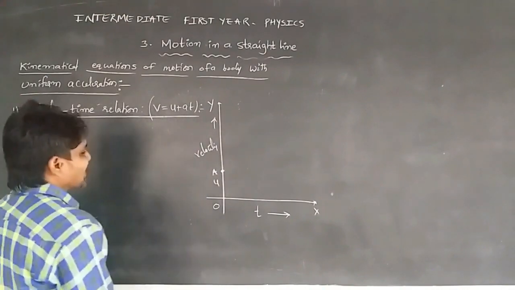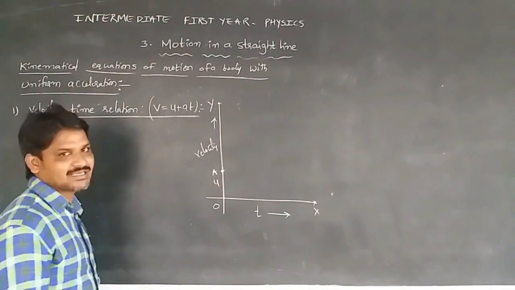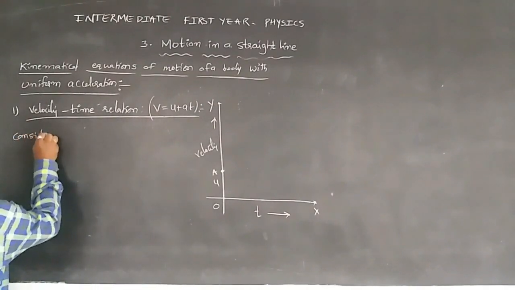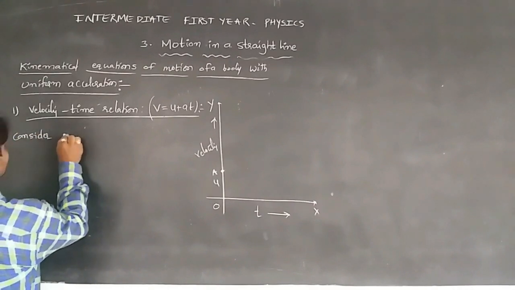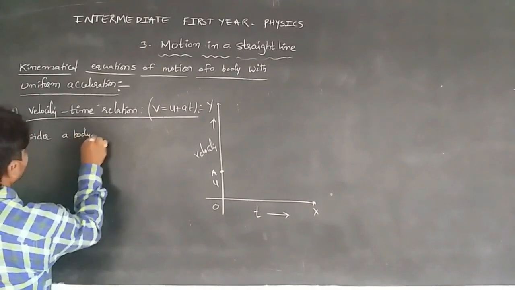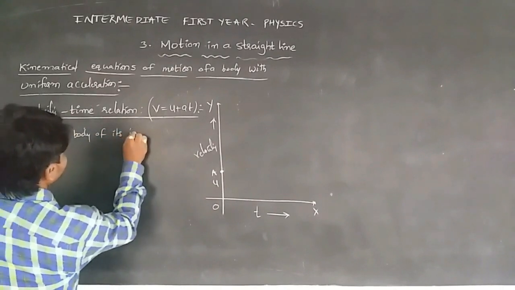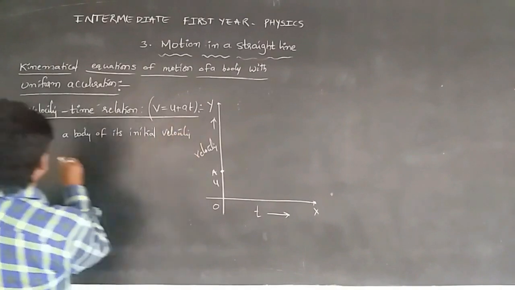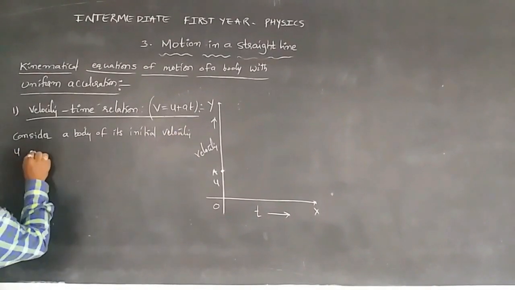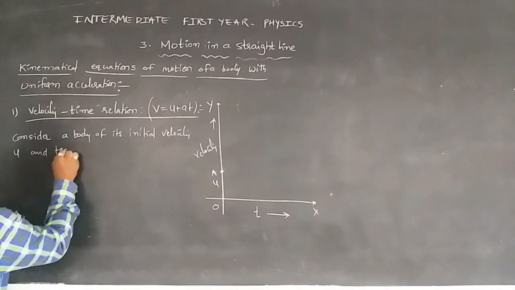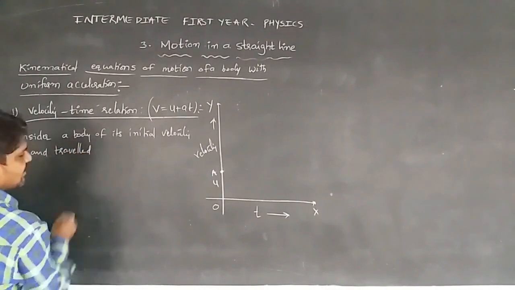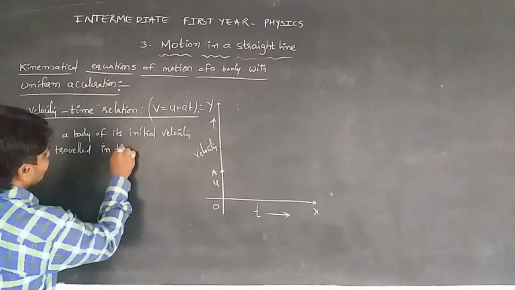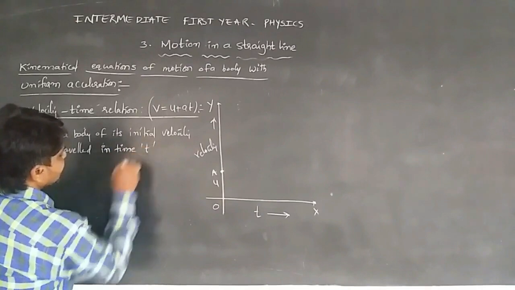Consider a body with initial velocity u that travels for a time t.